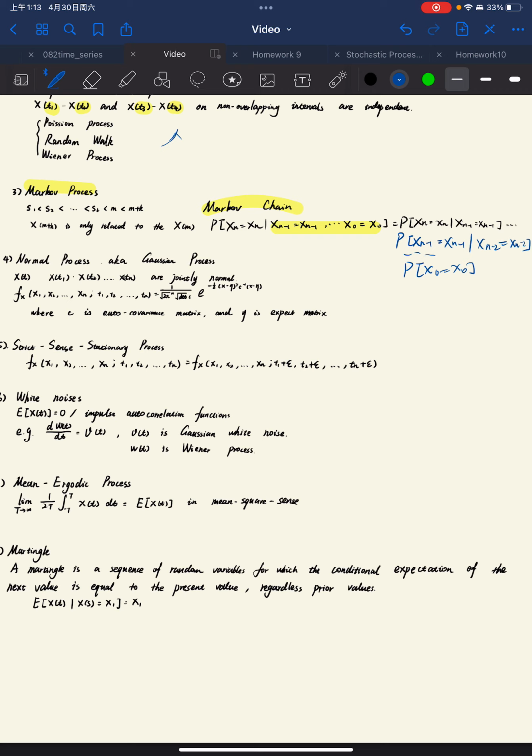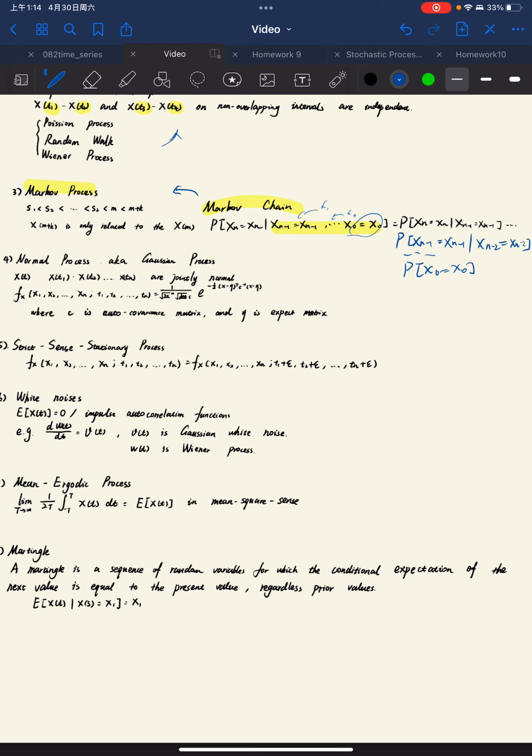And so if we see the Markov chain, we can imply the Markov process definition, which is: some past time like X at t0 doesn't really affect the previous one like t1, and also not t2.